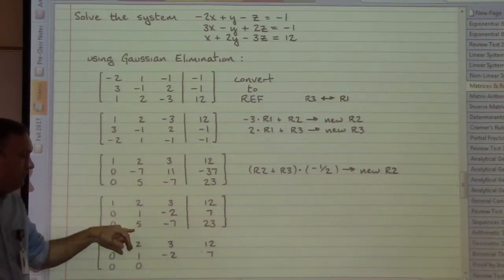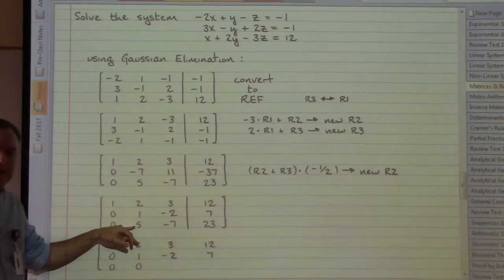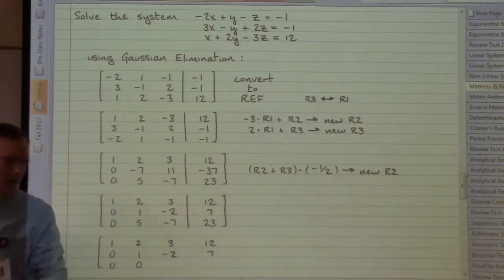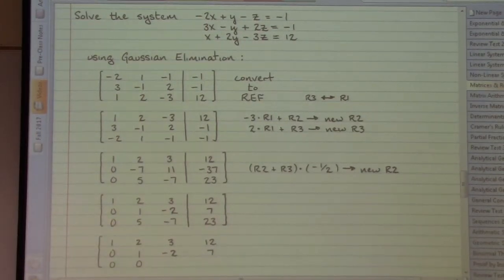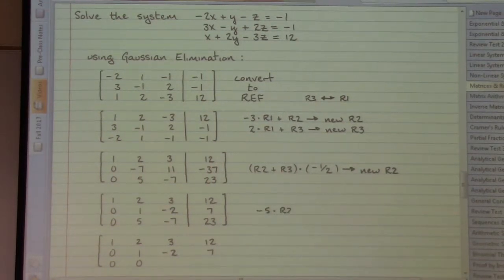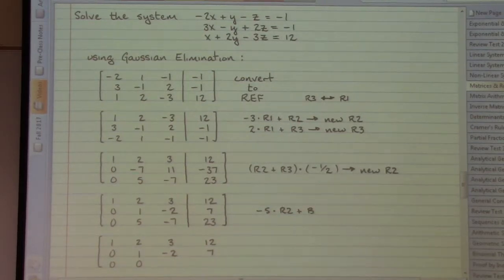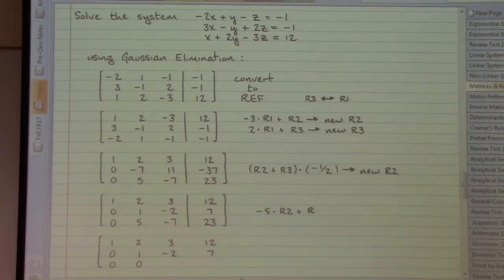So, a 1 versus a 5. I need to take the 1 and transform it into a -5 so that I can add it to this and get a 0. That would mean that I need to do -5 times row 2 plus row 3, to get a new row 3.